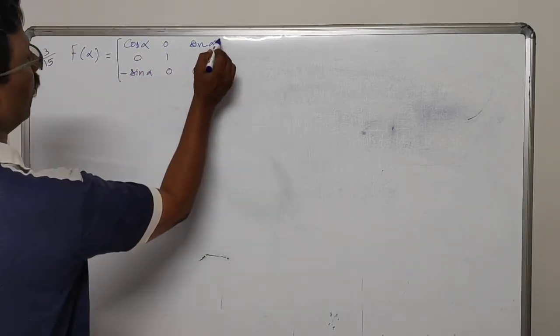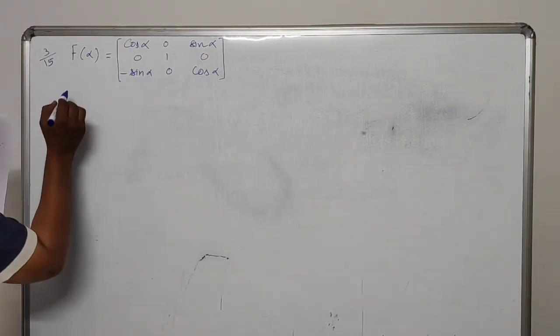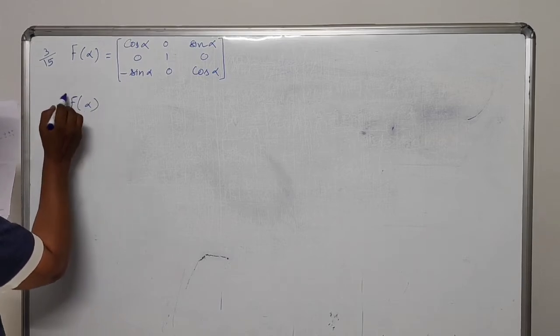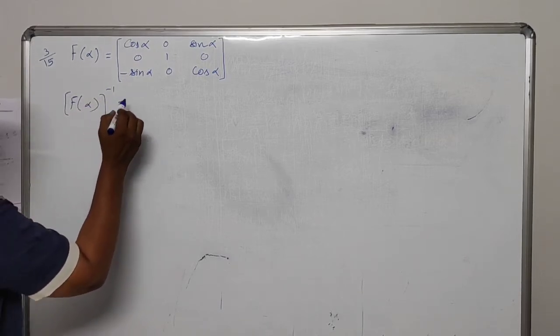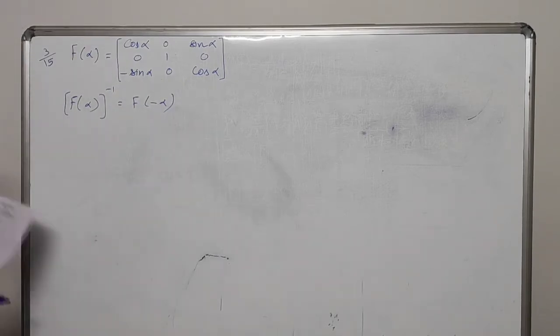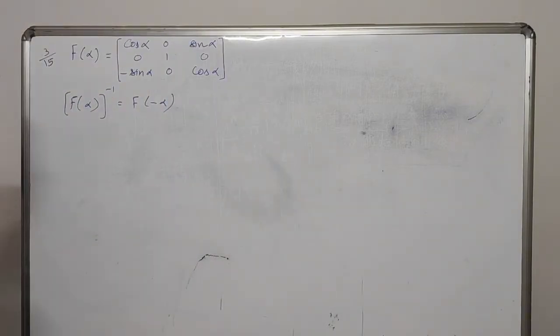Now for this matrix F of alpha, we have to show that F of alpha whole inverse is equal to F of minus alpha. Now this is the third problem in the material also.